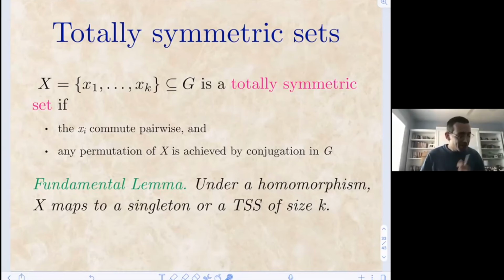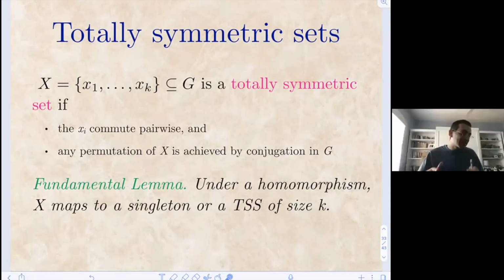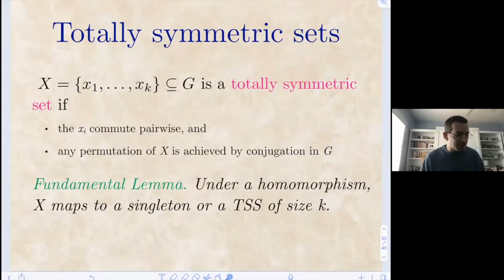So you should think of this as like Schur's lemma from representation theory. It's like an irreducible representation either has to go to another irreducible or trivial. Any questions on the statement of the lemma or the definition here? Okay, so here's how you use the lemma. In the Braid group, we have totally symmetric sets, the sigma 1, sigma 3, sigma 5.